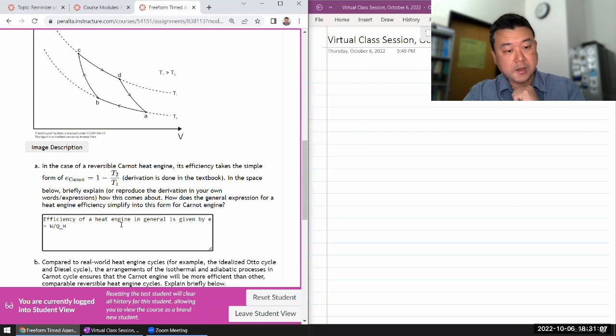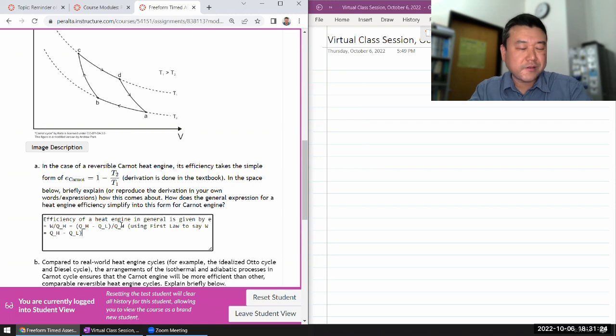Now this can be simplified into this form: (QH minus QL) divided by QH, using the first law to say the work done on a cycle is QH minus QL, or conservation of energy.